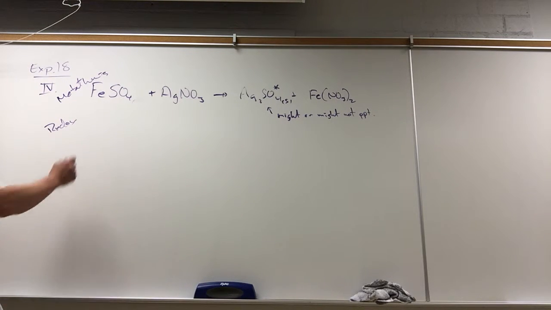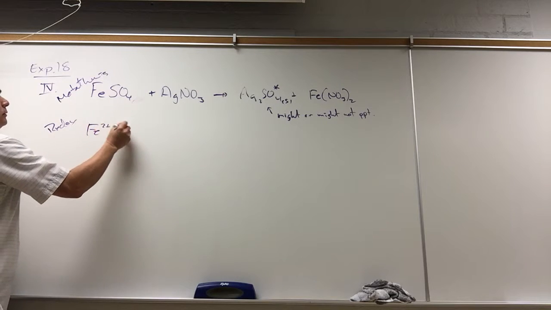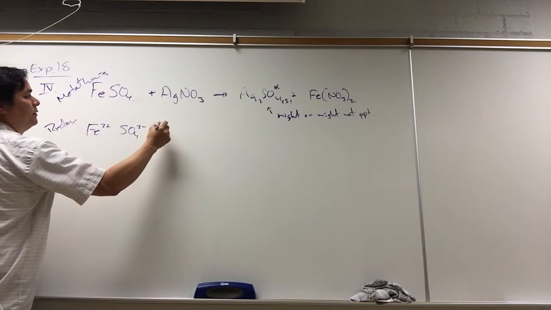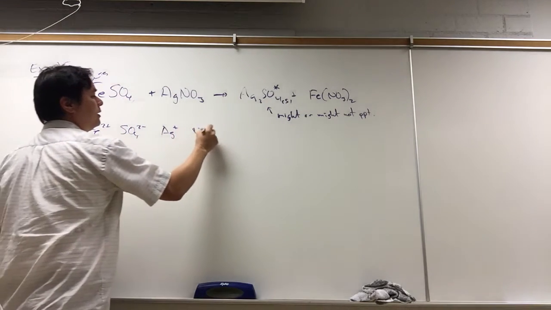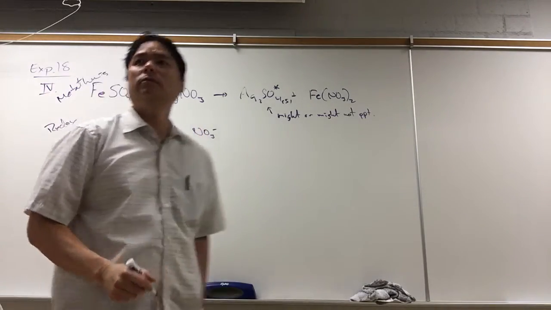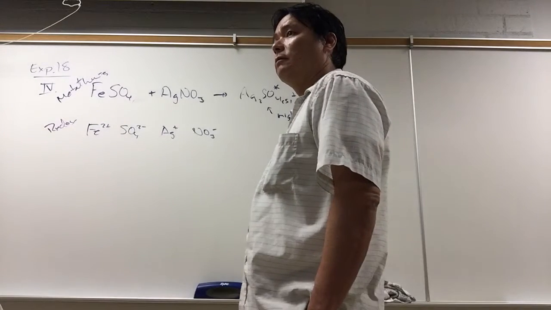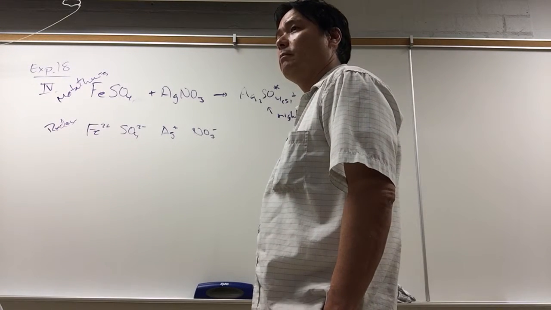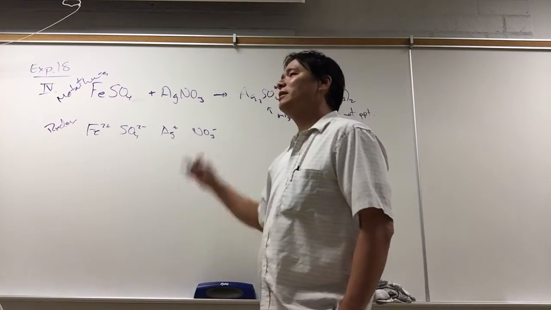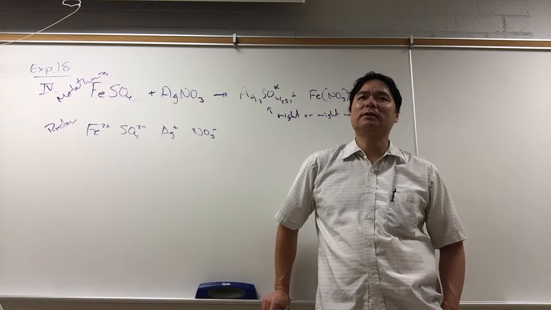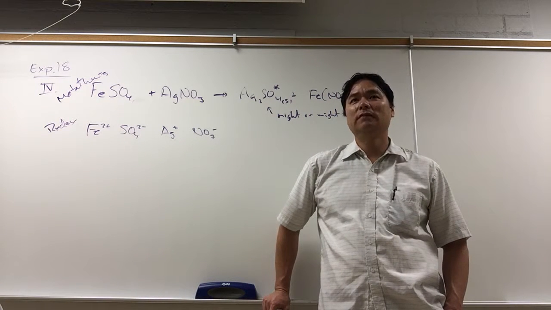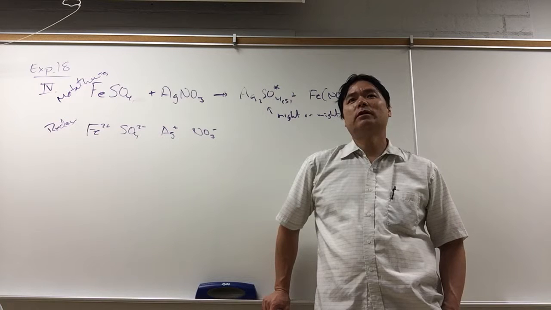Okay, so what do we got? Iron(II), sulfate, silver, nitrate, and one species that's not an ion, but you should write out. It doesn't have to be the ions. I didn't call this write out the ions. I called it something else. What did I call it? Inventory. And so we want all the major species.